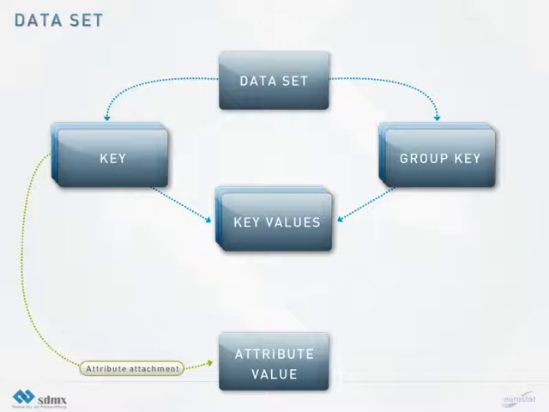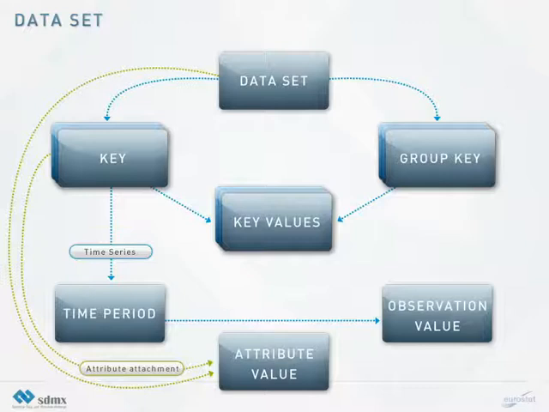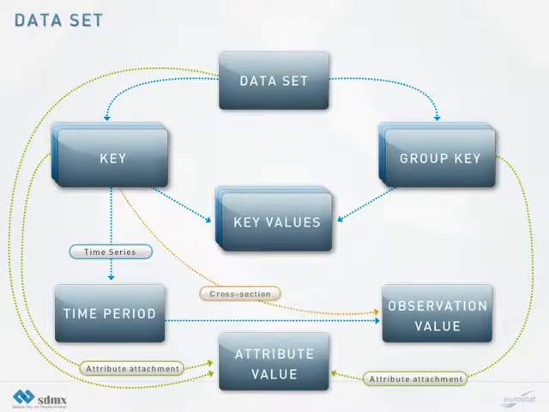Further elements are the observation value and the time period for time series. Attributes provide additional information and may be attached to the following structural constructions by using the attribute relationship mechanism: the entire dataset, the group key, the series or section key, the observation level.